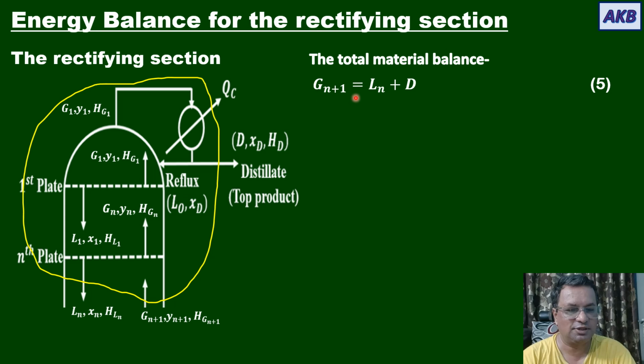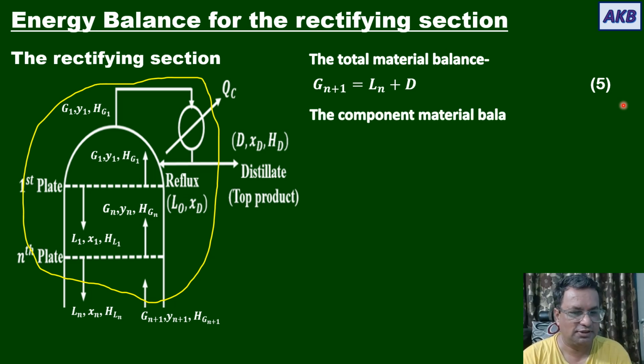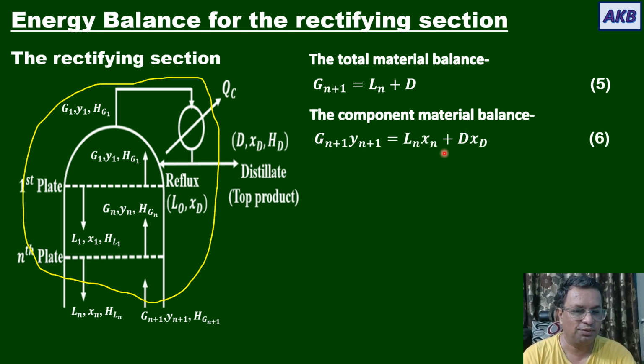So this is Gn plus 1 is equal to Ln plus D, and I am calling that equation number 5. Then the component material balance. It will be written as Gn plus 1 into Yn plus 1 is equal to Ln into Xn plus D into Xd. I am calling this equation number 6. Each term is a product of total flow into the mole fraction of A, the more volatile component.